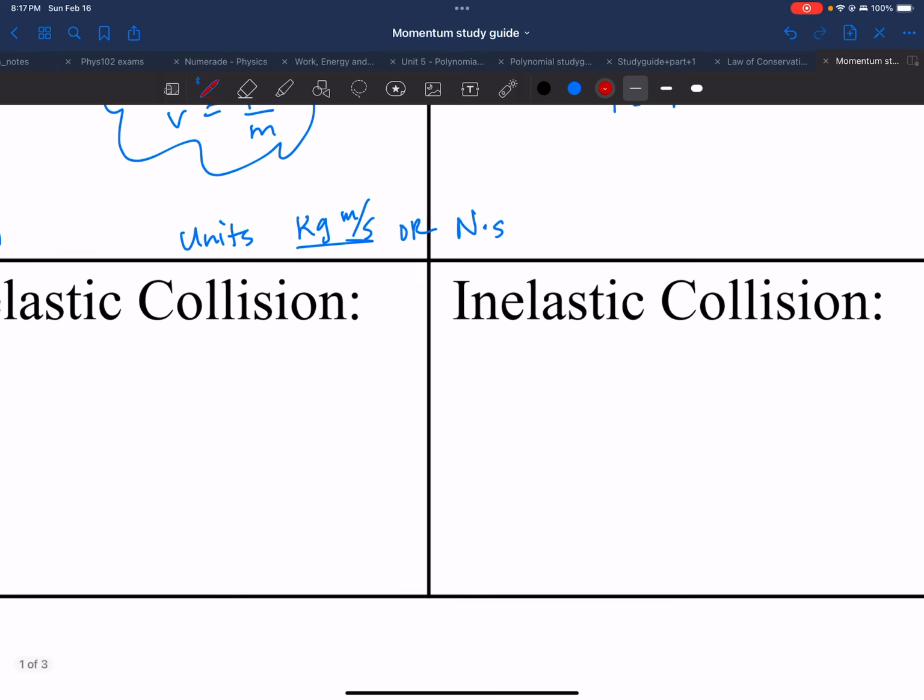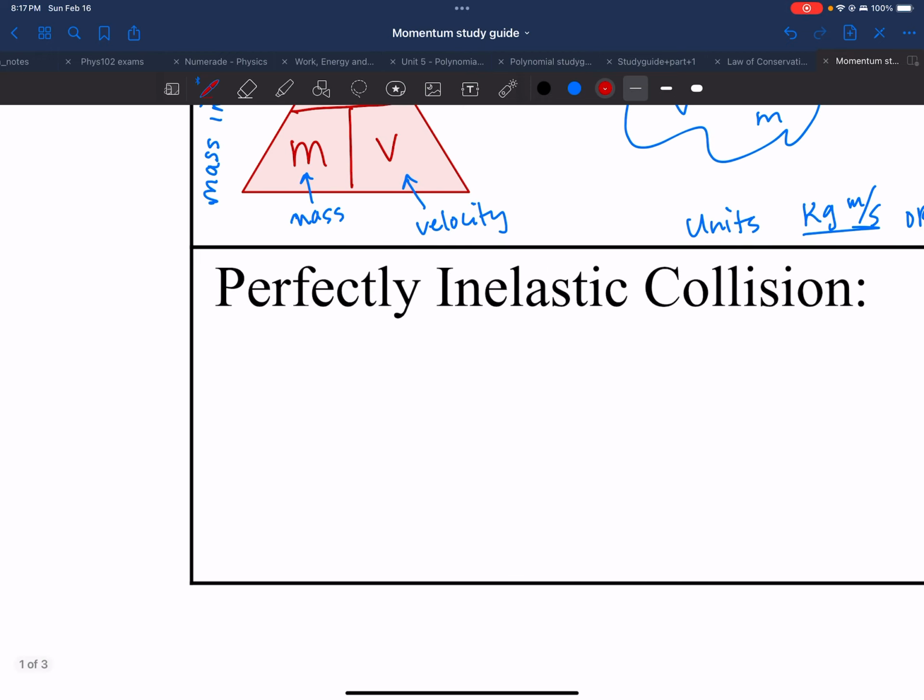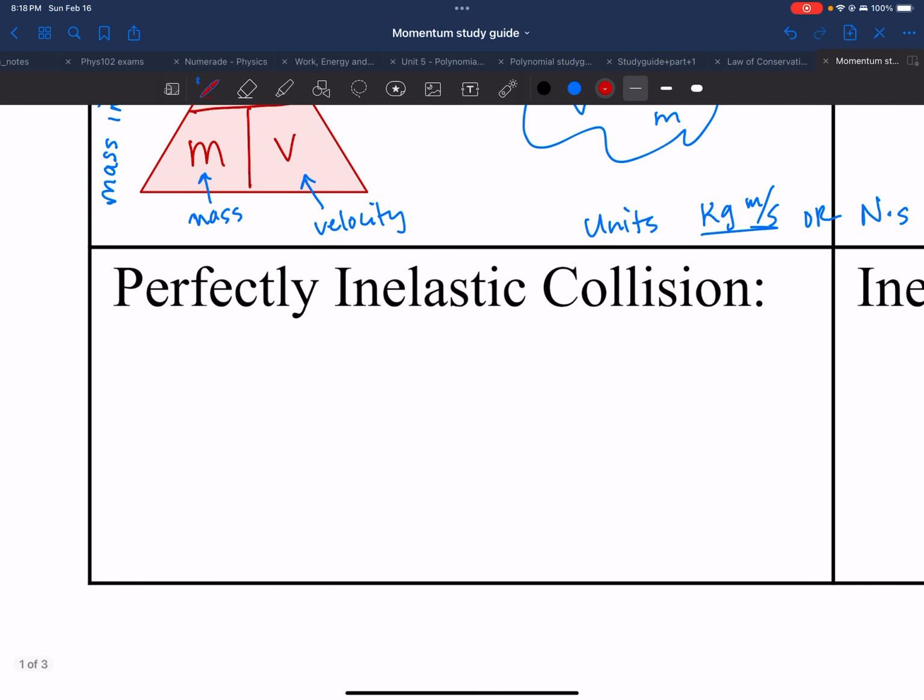All right, now we're looking at types of collisions. This is collide and stick together, or an explosion, and we talked about it not being a combustible explosion. We have two ways we can do it.